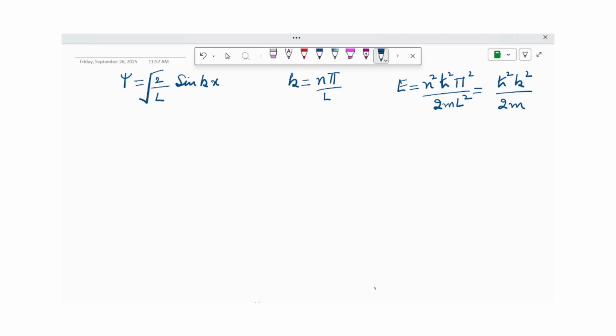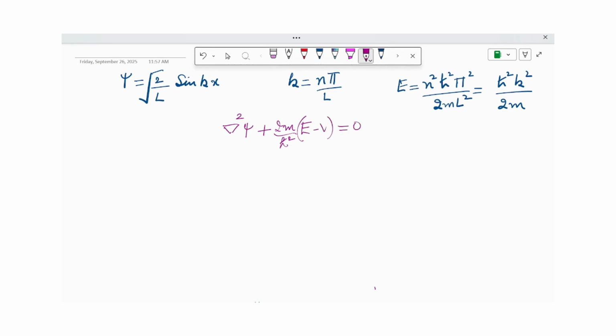So we will consider it to be a particle in a three-dimensional box, and here the Schrödinger wave equation will be Laplacian del square psi plus 2m over h cut square times E minus V equals 0.